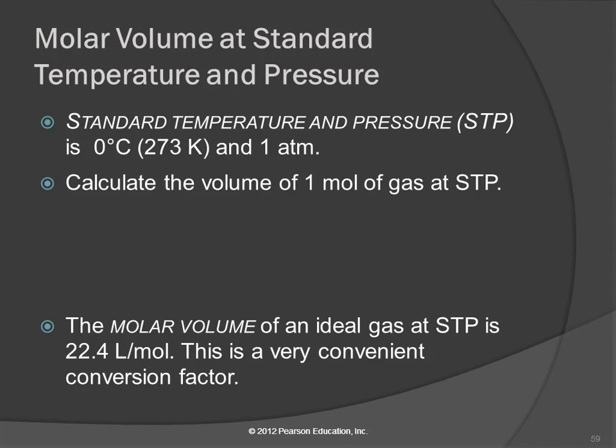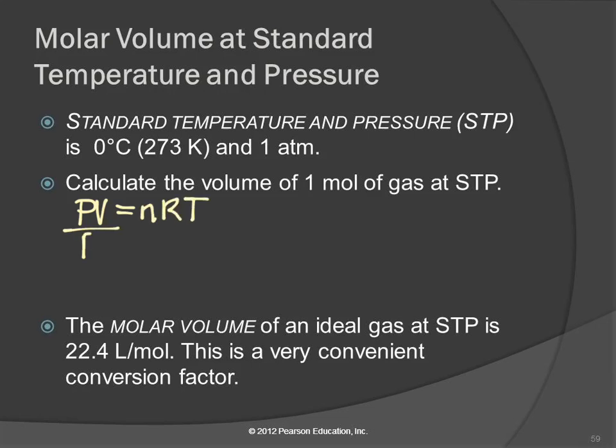So let's calculate the volume of 1 mole of gas at STP. So we're given STP, so that's standard temperature and pressure, and the volume of 1 mole. Well, PV equals nRT.